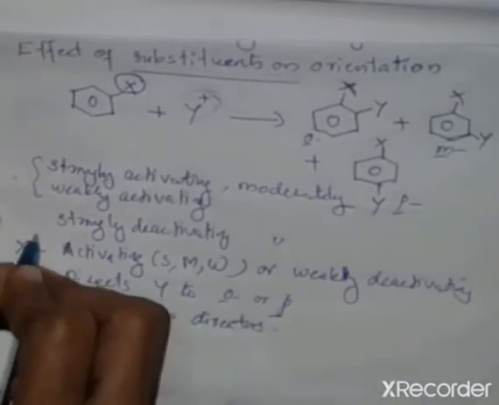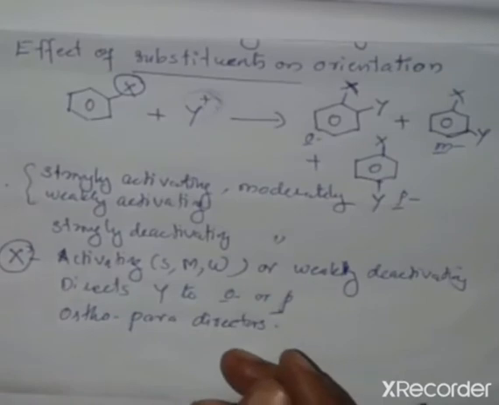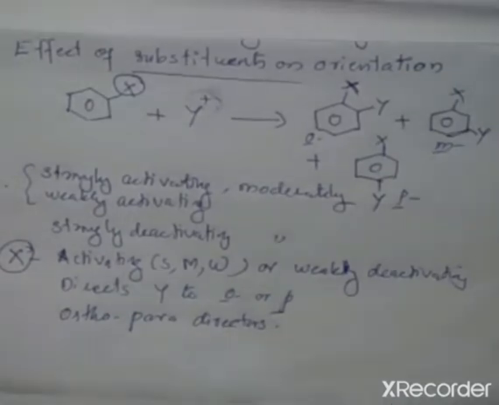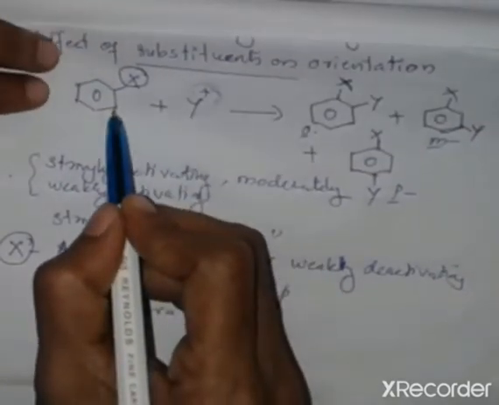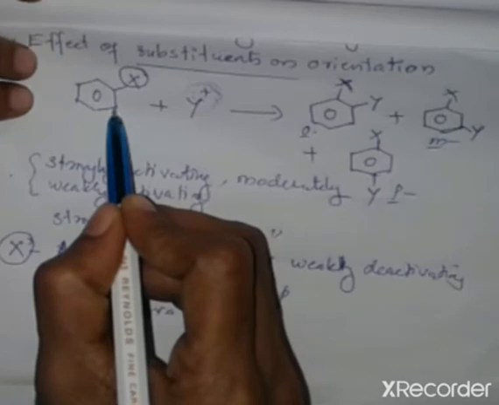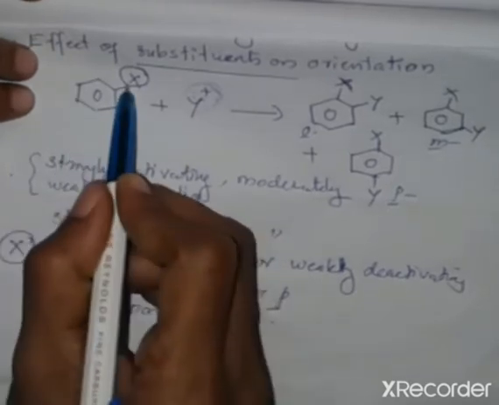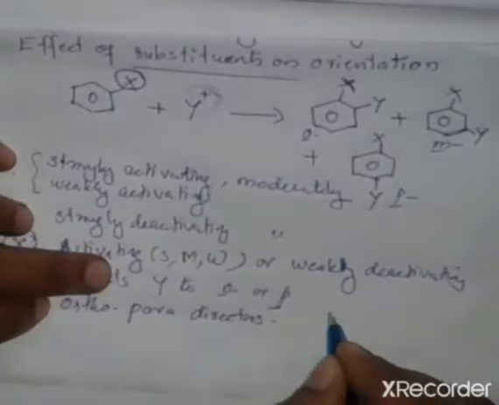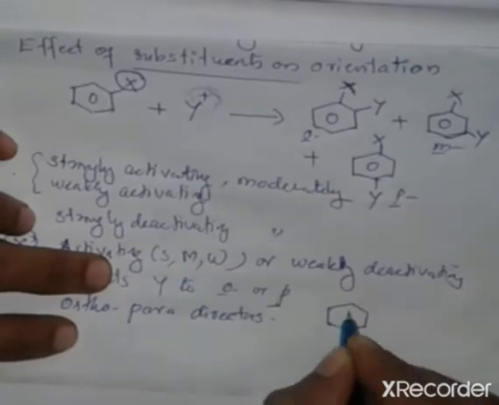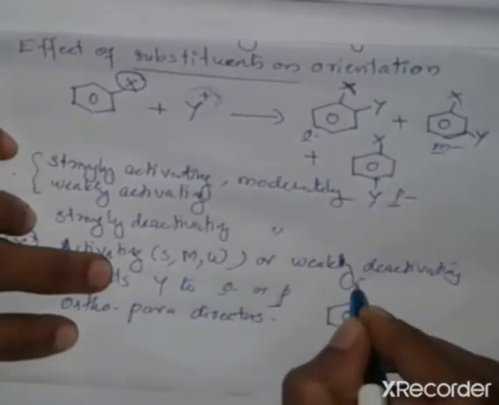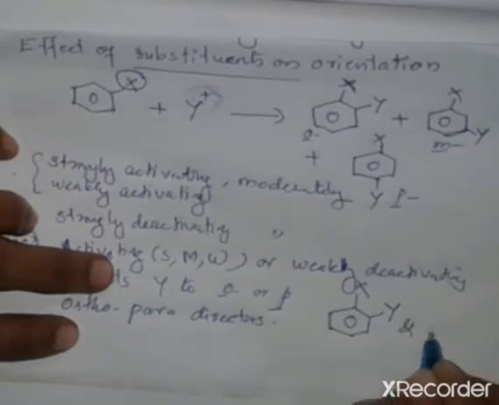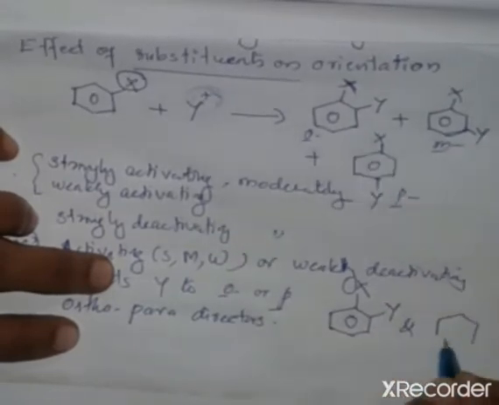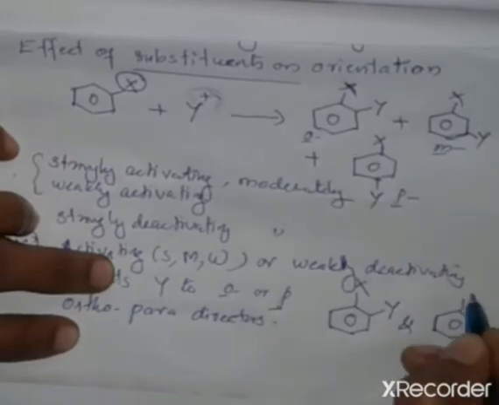That is, if X is activating or weakly deactivating, X directs the incoming electrophile either to the ortho position or to the para position of X. So we can get two products, the ortho substituted product and the para substituted product.